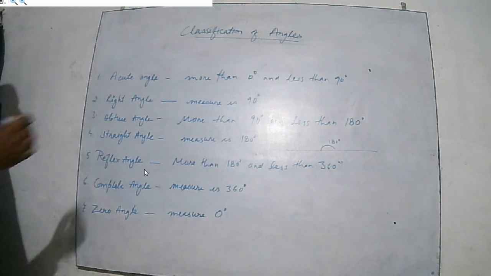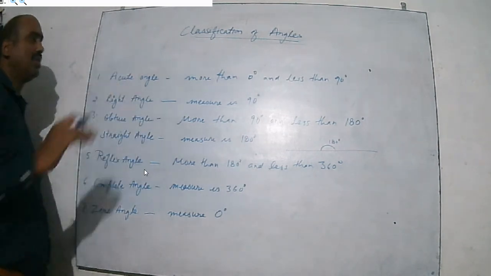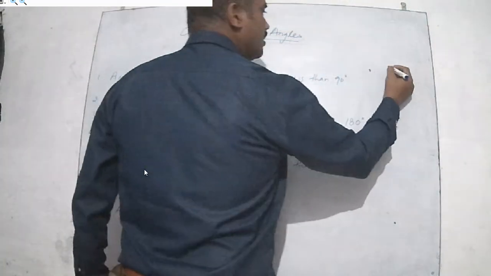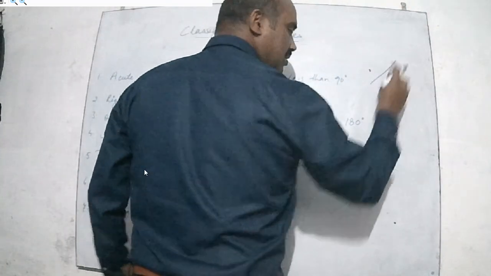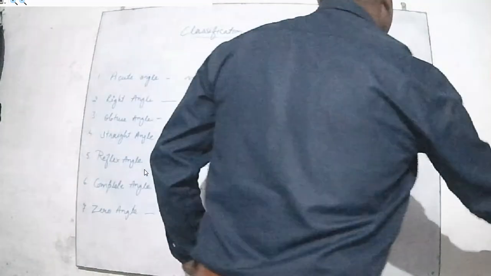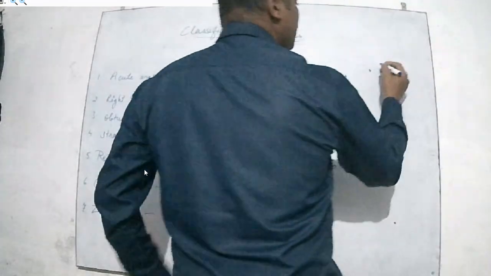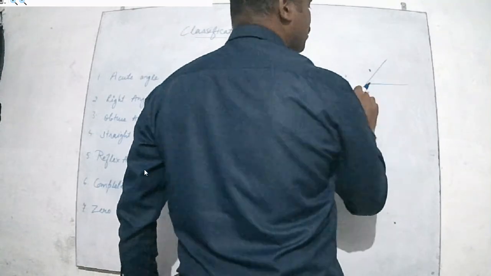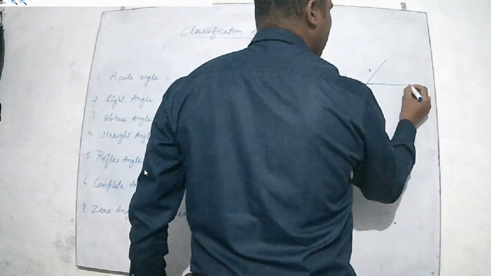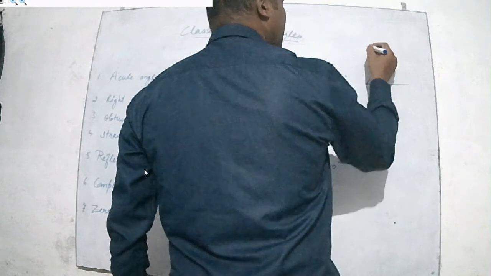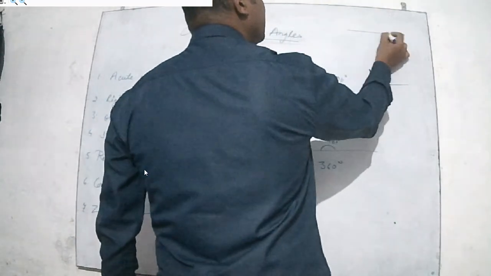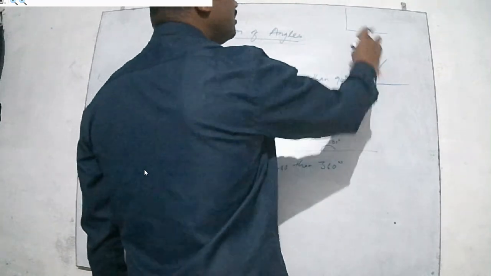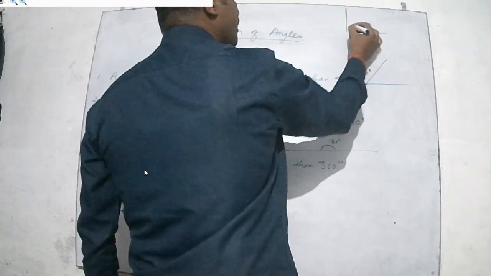Once again, I make a structure so that you can easily understand. More than 0 degree, less than 90 degree. Suppose this type of structure is there. You have to place a protractor here. This is your baseline, and if we talk about 90, this is there. Here this ray is about 90.